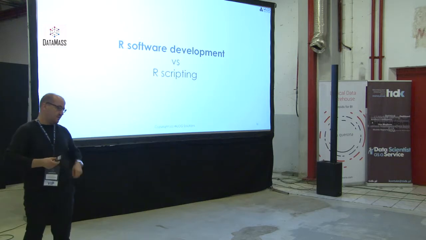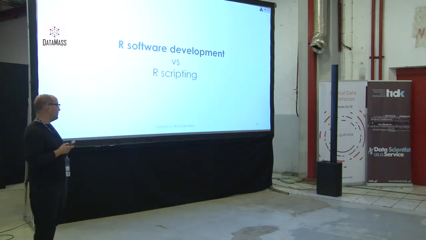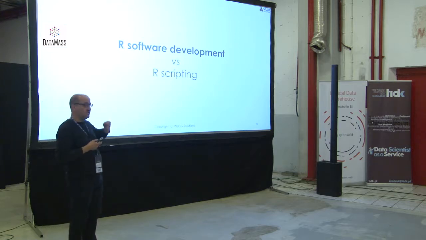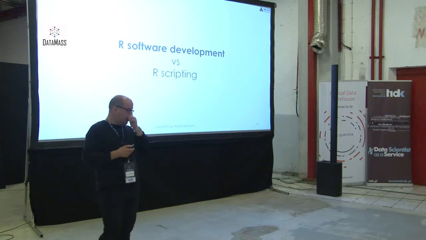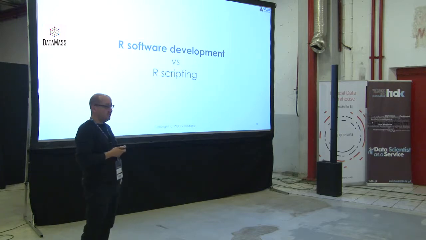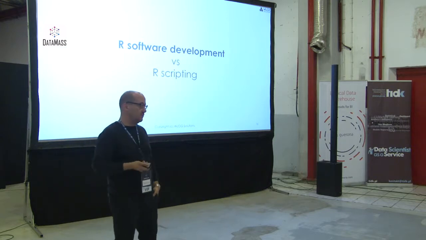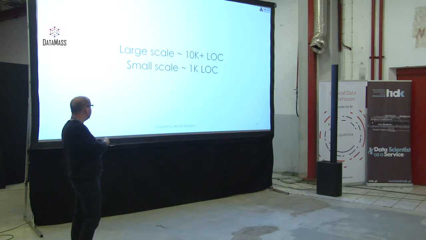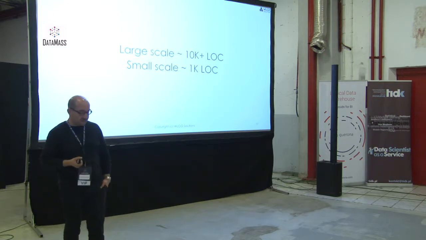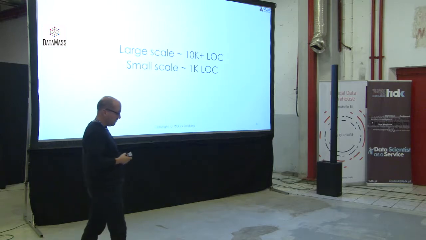And in R, when you look at the books or some trainings, you have very short pieces of software that can help you build a model. I'm talking about writing software. So you have a structure, you have modules, you have to control everything in this. The difference is, I don't know, small scale is about 1,000 lines of code, and large scale is 10,000.